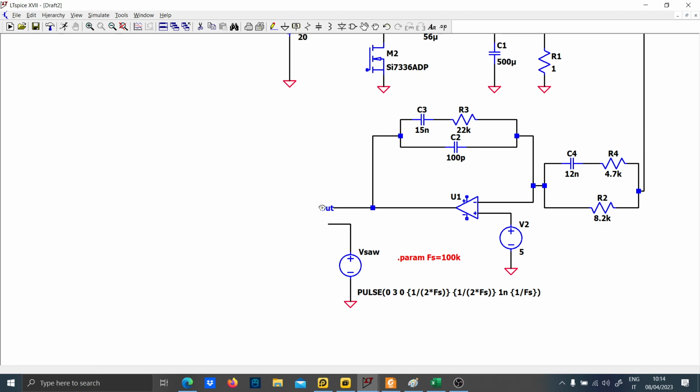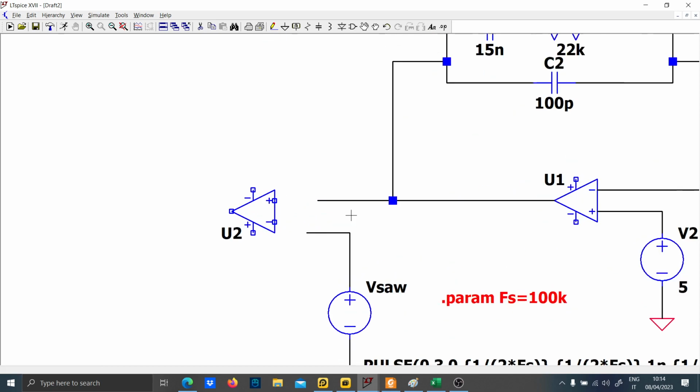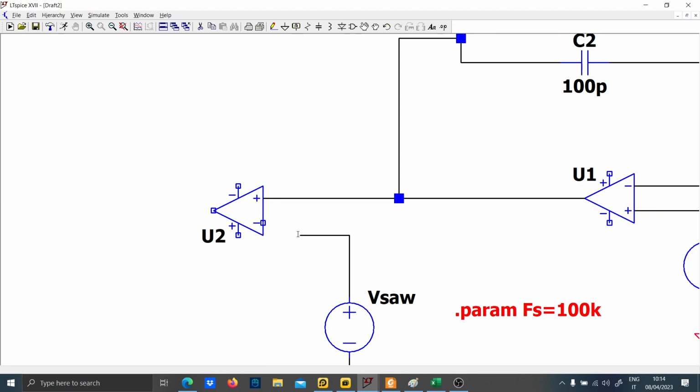And these two go inside the op-amp. Remember to put the comparator on the plus and the sawtooth on the minus.